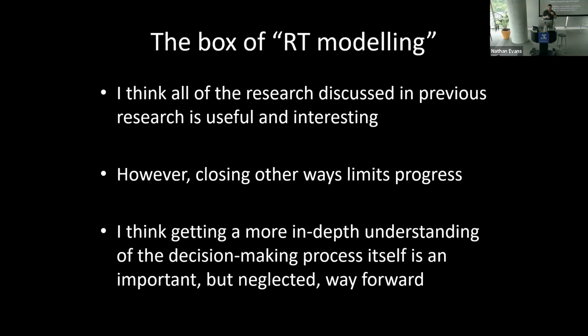We're happy to try and extend and move things. So I think the circular diffusion model is a very good example of extending what we do in RT modeling. But I think other circumstances are less so, right? Like I think there's a lot of valuable information out there, whether it be neuroscience, arm reaching, this kind of stuff, that our models could be very well applied to and can very well inform our models, but we're not sufficiently using, right?